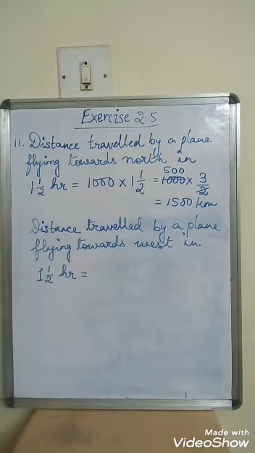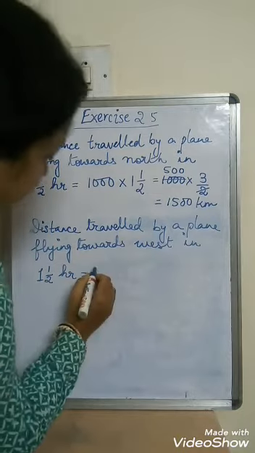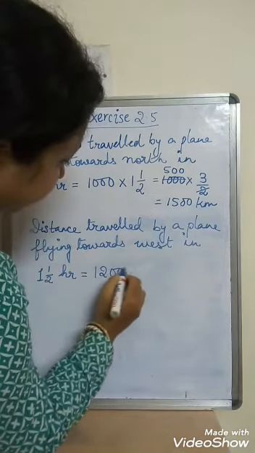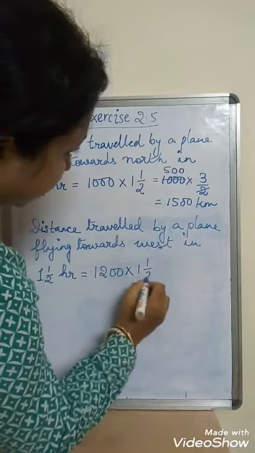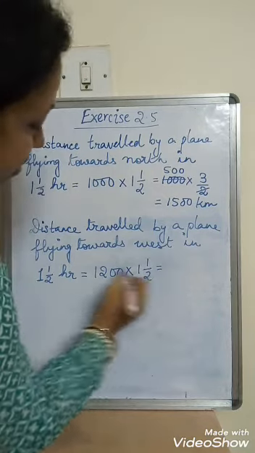So what was the speed that was given to us? The speed that was given to us is 1200 kilometer per hour. So 1200 into 1.5. So how much are we going to get?